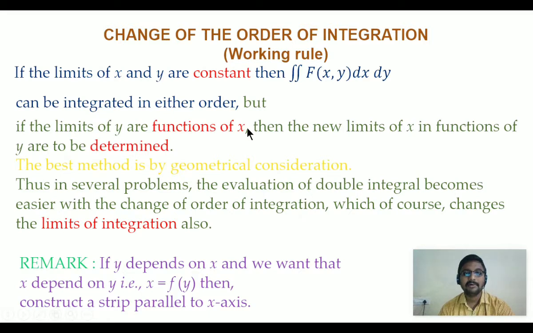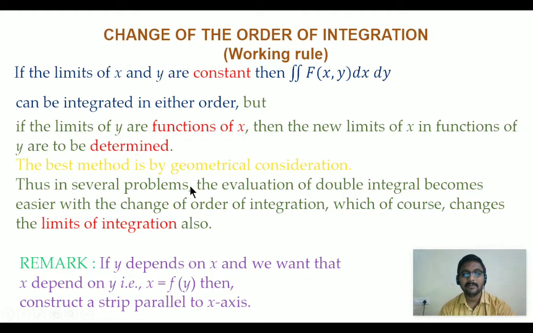For this, we have to draw the rough sketch of the region. That is, the best method is by geometrical consideration. That means we draw the rough sketch of the region and change the limits accordingly by using the old strip and new strip.